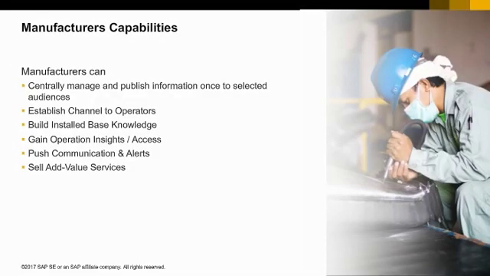With SAP AIN, manufacturers are enabled to centrally manage and publish information in one-to-many relationships with their selected audience, establish a single channel to operators, build installed base knowledge, gain operation insights and access, push communication and alerts, and sell added value services, growing their aftermarket business.